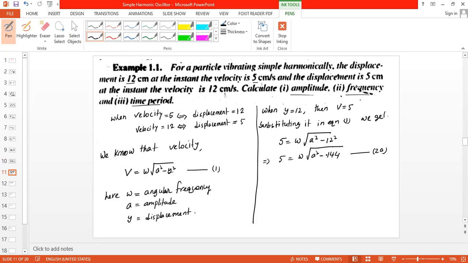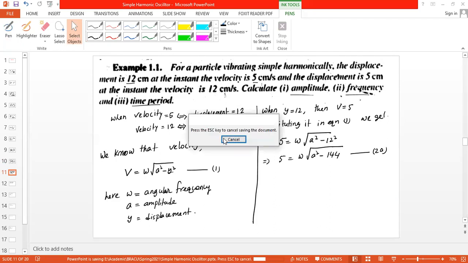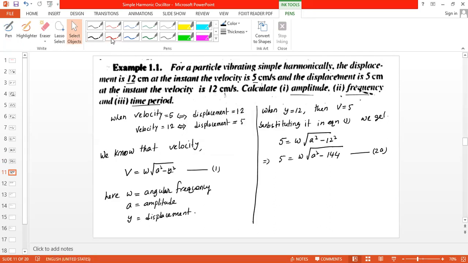Once again, we see here when my velocity v equal to 12, then displacement y equal to 5. So just replace y by 5 and v by 12 in equation number 1.